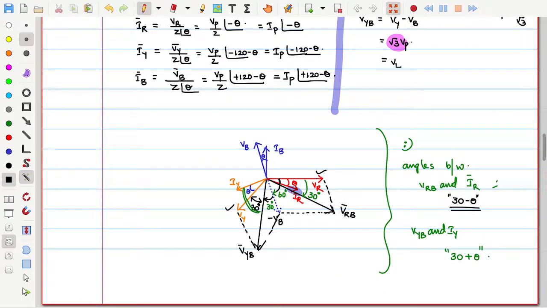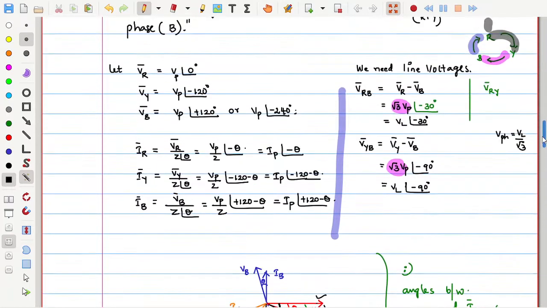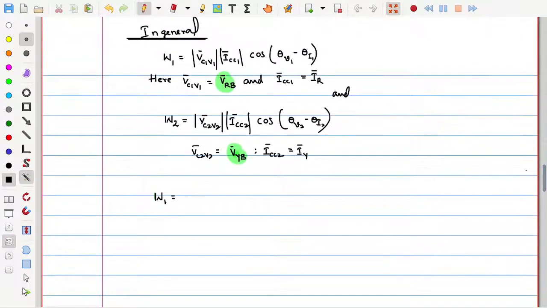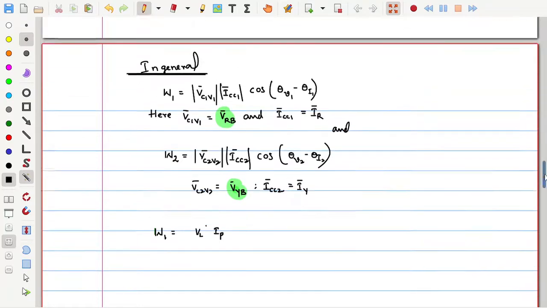VYB angle is, I can say, minus 90. I think this is correct, that is what I got previously. Right. So the voltage magnitude is VL, into current IP. IP is equal to IL. Yes or no?